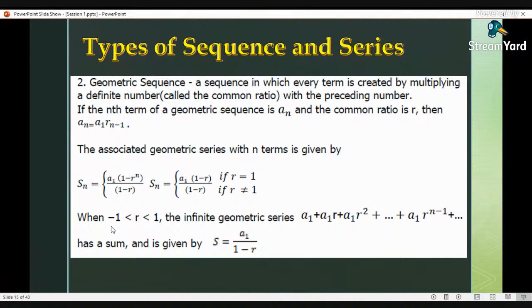If we get values like negative 2, positive 2, 3, 4, 5, and so on, then we cannot consider this formula, and we will never find the sum of the values because they will be infinite, and there would be greater values that we are not able to solve. So we are only able to solve the infinite geometric series if the common ratio ranges between negative 1 and positive 1.